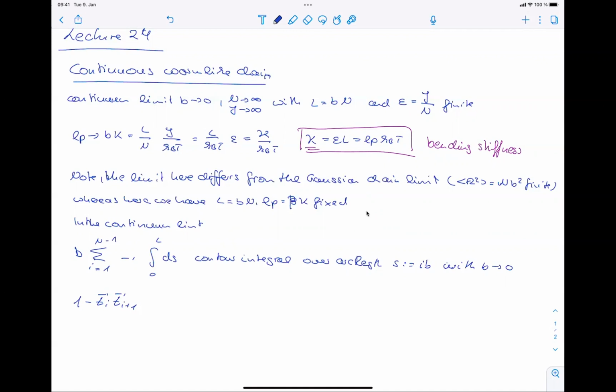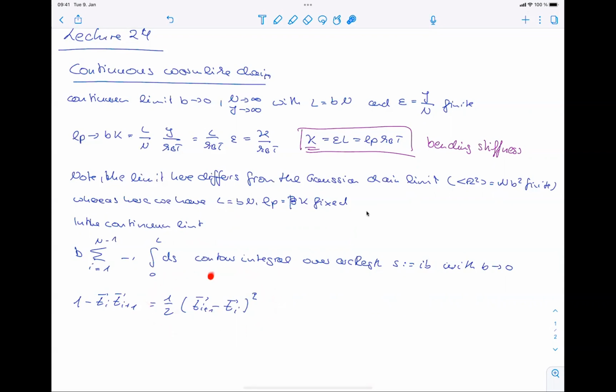And this I can also write as a half of T i plus 1 minus T i squared, because the squares of the tangents give a 1 each, divided by 2 gives the 1, and then the cross term gives minus the product of the tangents.